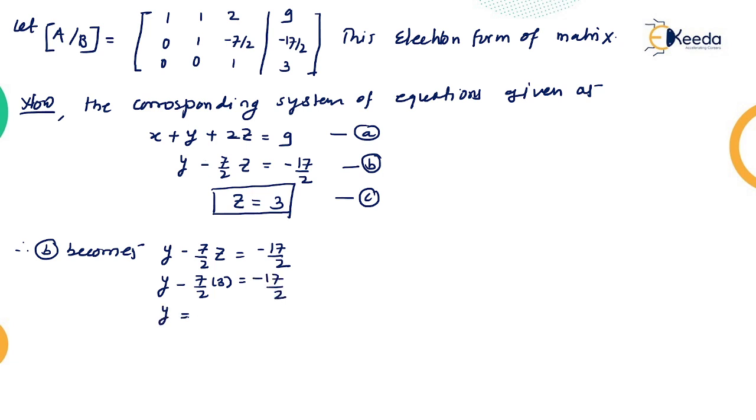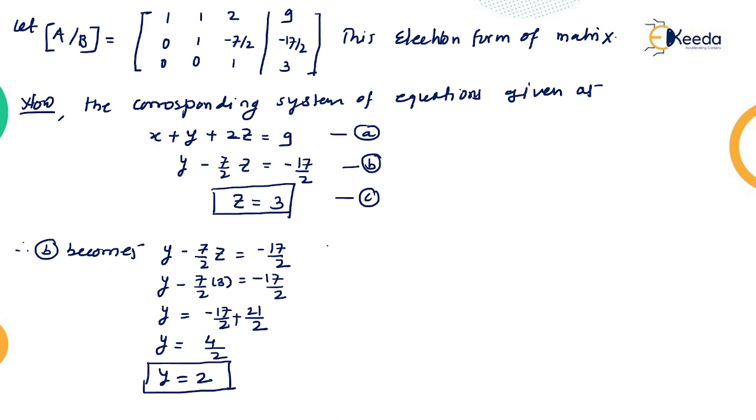So y is equal to minus 17 upon 2 plus 7 into 3, that is 21 divided by 2. Y is equal to minus 17 plus 21 divided by 2, which gives 4 divided by 2. So clearly y is equal to 2.